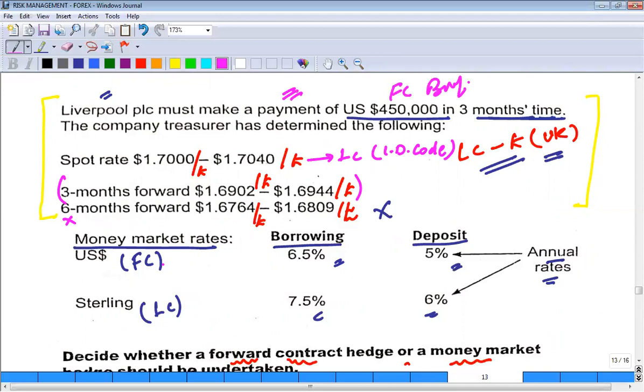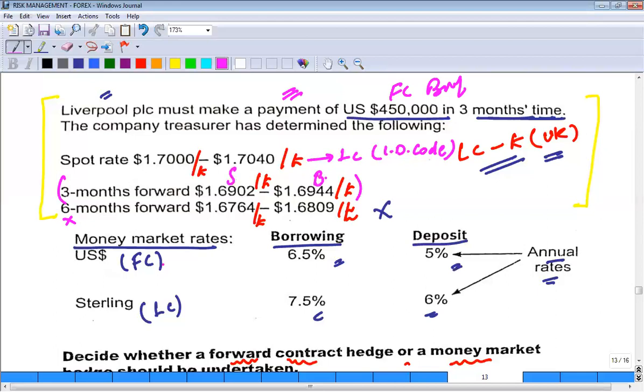We need to buy, the bank will sell. The rate is with respect to the bank. So we will buy, bank will sell. Indirect quote, lower one is selling, higher one is buying.